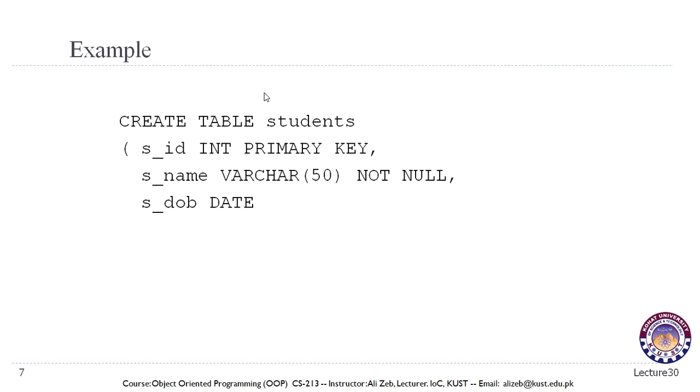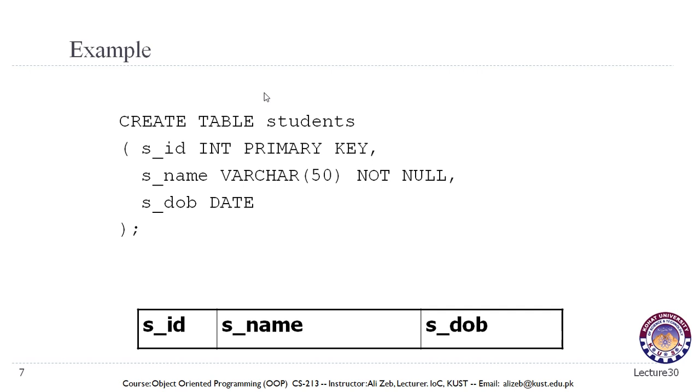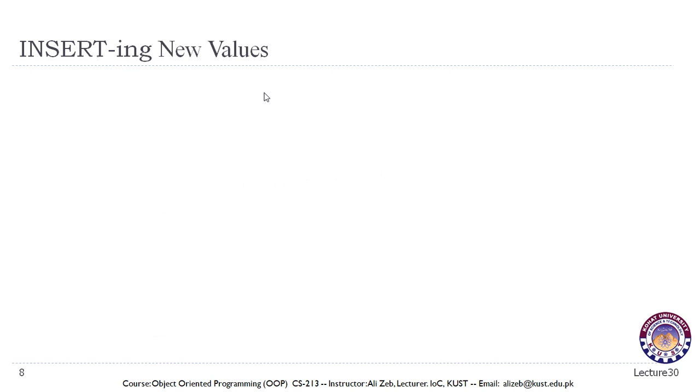And then we have a date of birth column with the type date, and this will create a table with these three columns in our database, as we saw in our previous lecture.